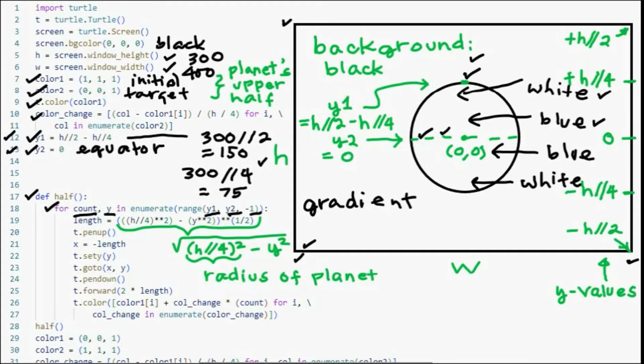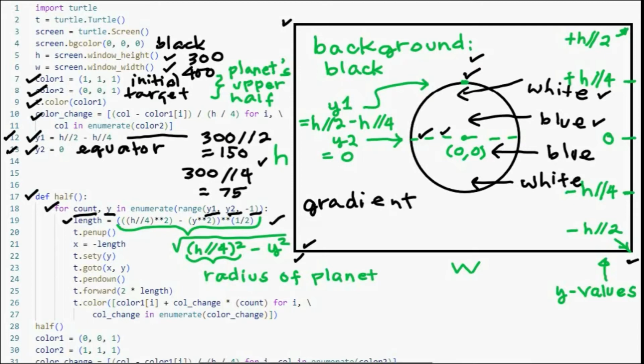Now we define the length here because I need to define here the starting point for the drawing of the lines. The equation here is quite complicated, but I hope that you still remember the formula for the circle.